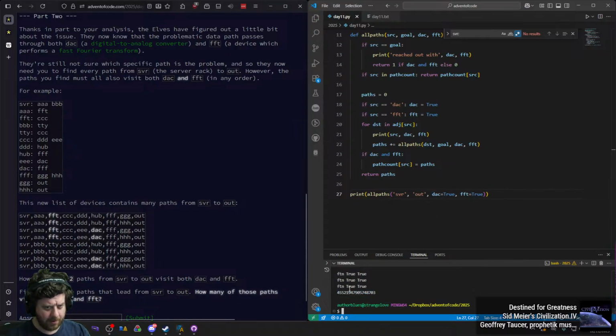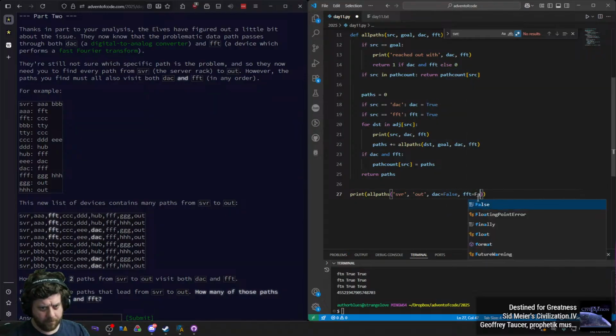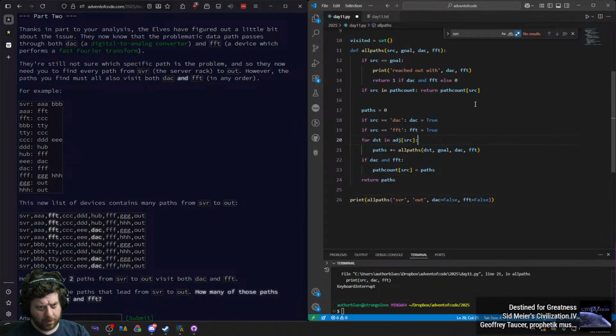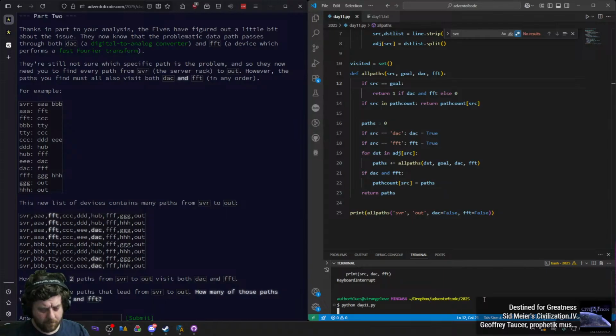I mean, that's not the right answer. Oh, well. So if this is a directed acyclic graph... Well, it's because I turned off all of the memoization at this point, basically.